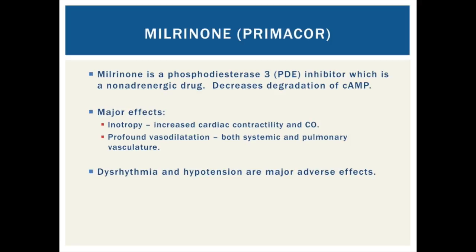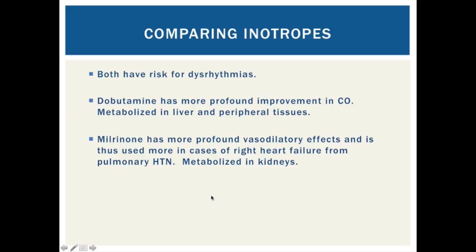This is not something that we routinely use in the pulmonary ICU, although we use it from time to time, and you'll probably encounter it more commonly in the cardiac ICU for patients that have really bad pulmonary hypertension. Again, because of these effects, as you can imagine, dysrhythmias and hypotension are going to be the major adverse effects.